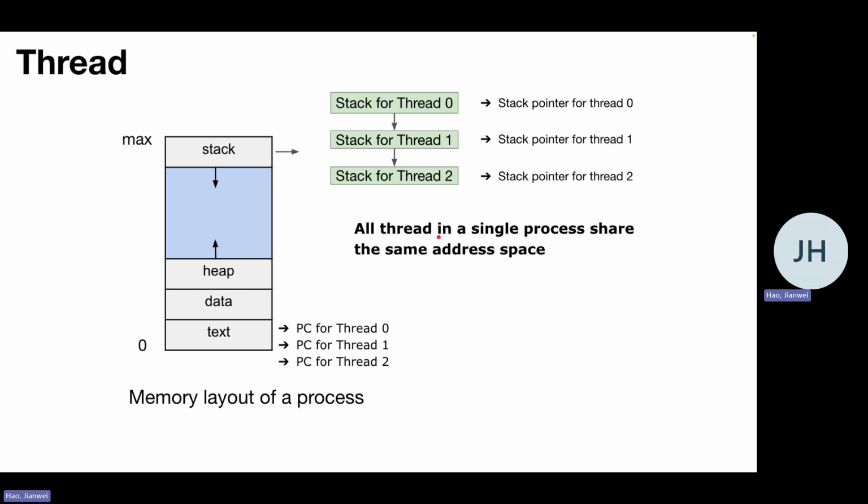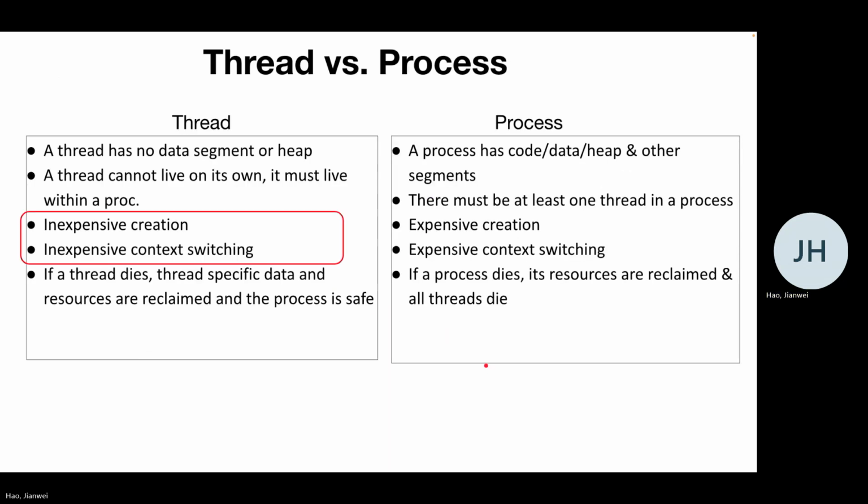So all threads in one single process share the same address space here. And the program counter, we can store them in here. So that's how we allocate the memory to different threads in one process.